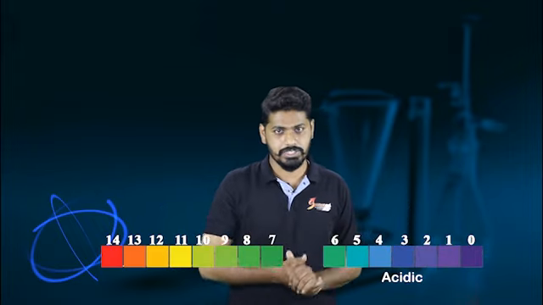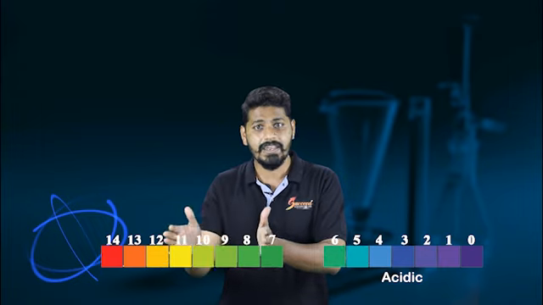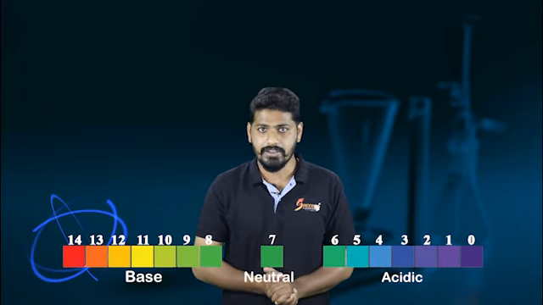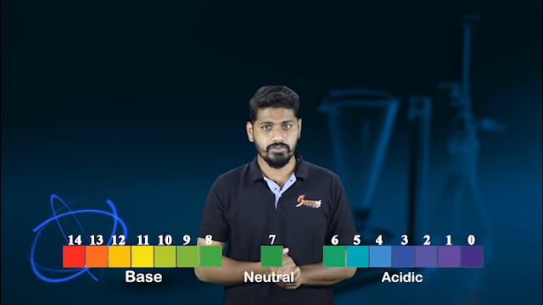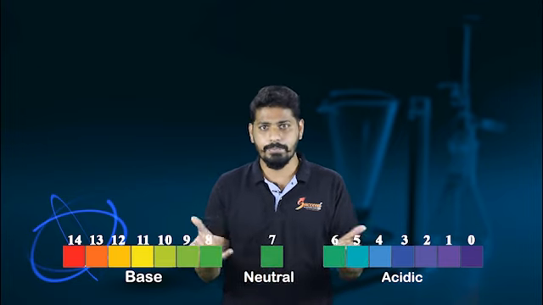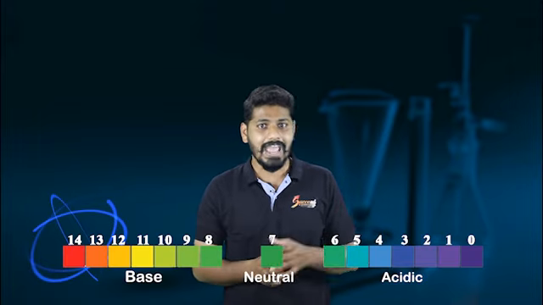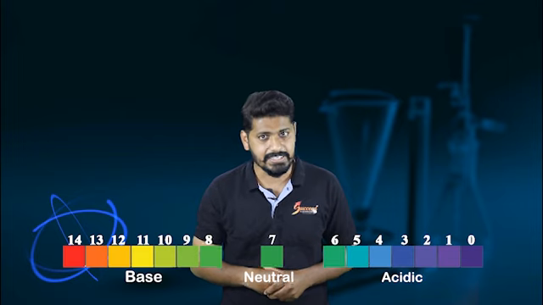This pH scale consists of values from 0 to 14. In that, 0 to 7 is acidic in nature and 7 to 14 is basic, and 7 is neutral. So whenever we have a solution and want to determine whether it is an acid or a base, let me take a drop of that and add it on the pH scale.